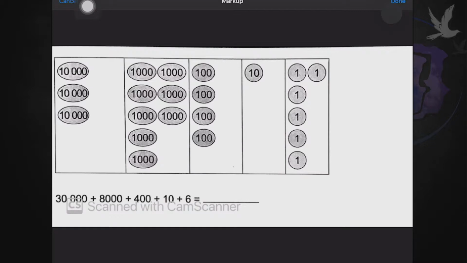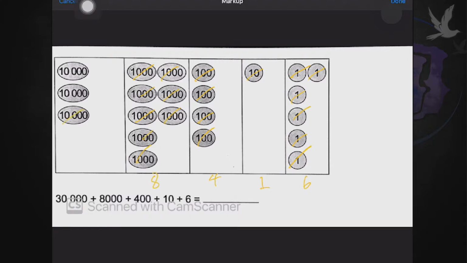In this case, all we have to do is just to count the number of units present in each place value. For example, in this case, you have 1, 2, 3, 4, 5, 6. You have a unit of 1 as well in tens place. You have 1, 2, 3, 4 units found in the hundreds place. You have 1, 2, 3, 4, 5, 6, 7, 8 units found in the thousands place.